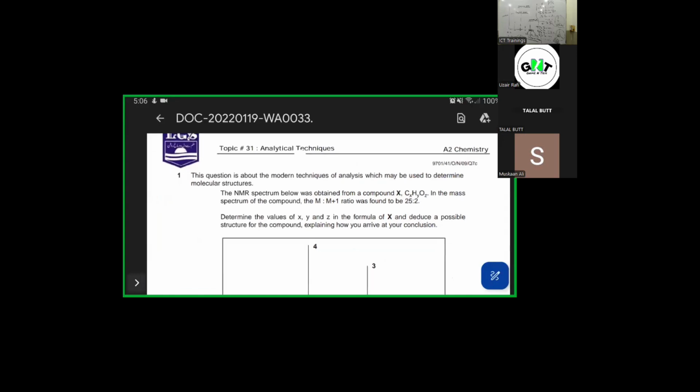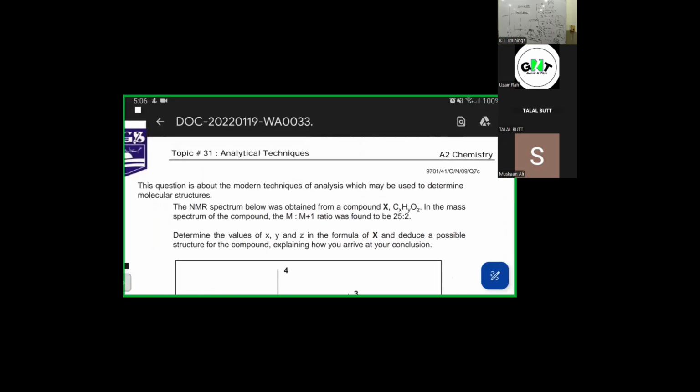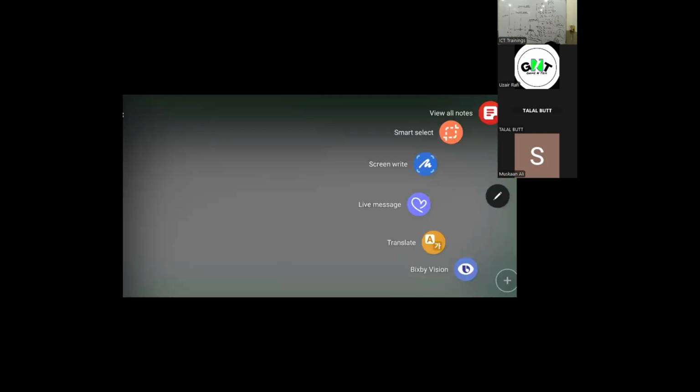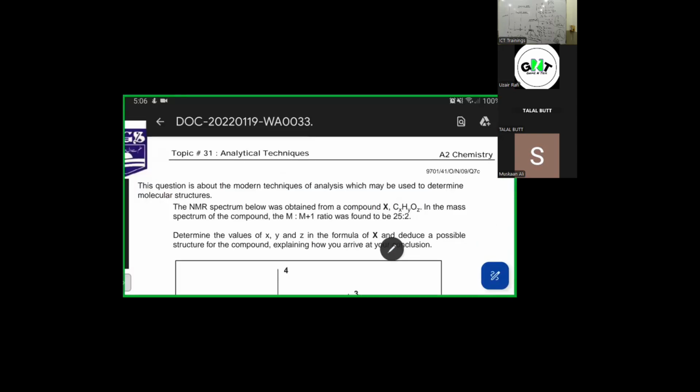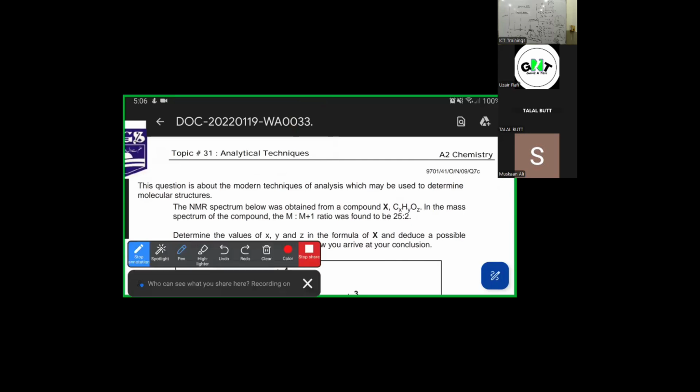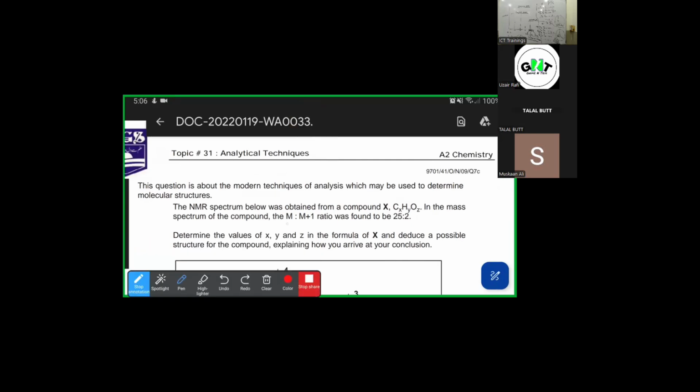Now using this one, you are given the values of M and M plus 1 peaks. By using this one, you can find out the number of carbons in a compound. I told you about it. So can you find out the number of carbons by using these ratios? So M and M plus 1 ratios are given up here.